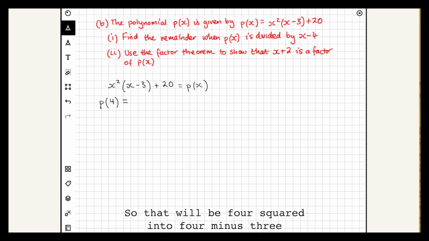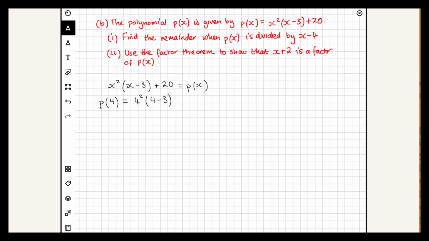That will be 4 squared into 4 minus 3, plus 20, which equals 16. 4 minus 3 is 1, so multiplied by 1, plus 20. So my remainder here is 36. So that's the first part.